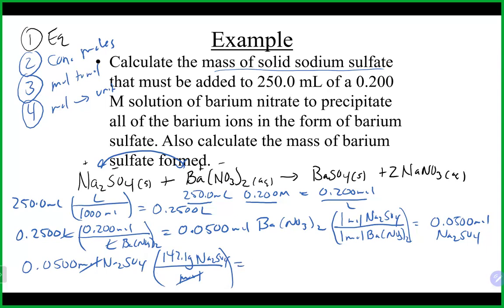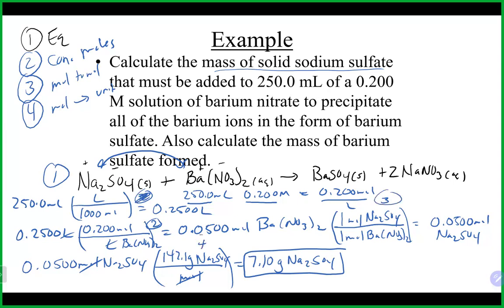And that's going to give us that we need something like 7.10 grams of sodium sulfate. These again are our same 4 steps. Balance the equation, convert to moles. Actually down here, convert to moles. Our mole to mole relationship and our moles to some other unit. Any questions on that calculation there?